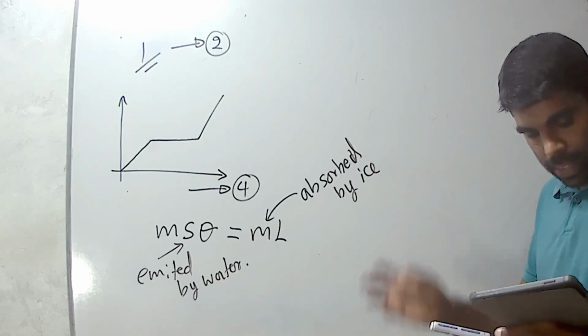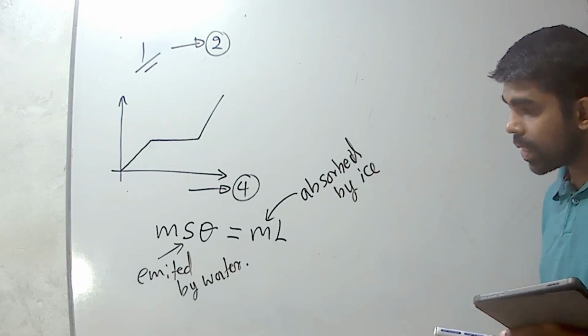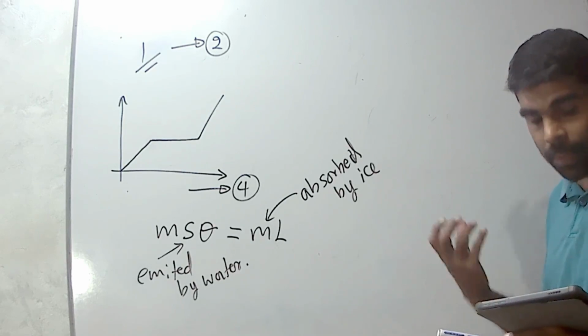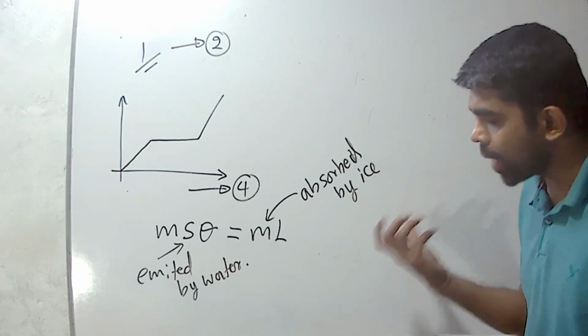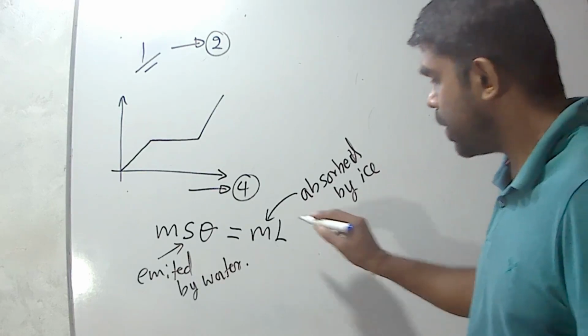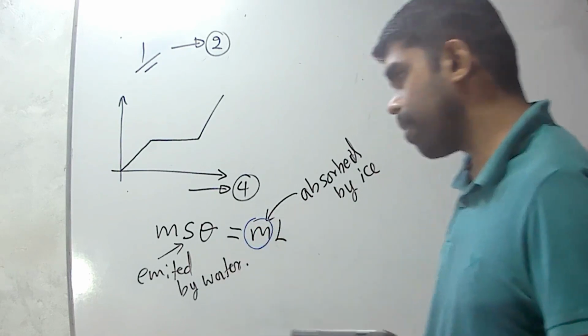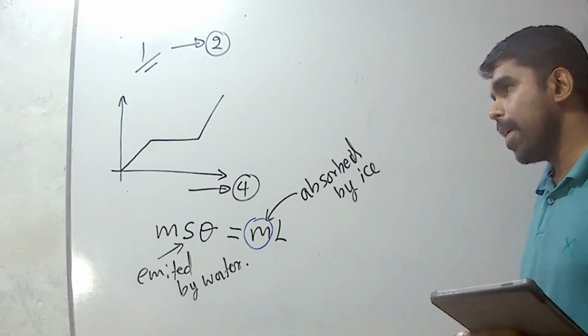But when mixing ice, there is a water mass. The ice cube is wet. Therefore, the actual ice mass is a small value.